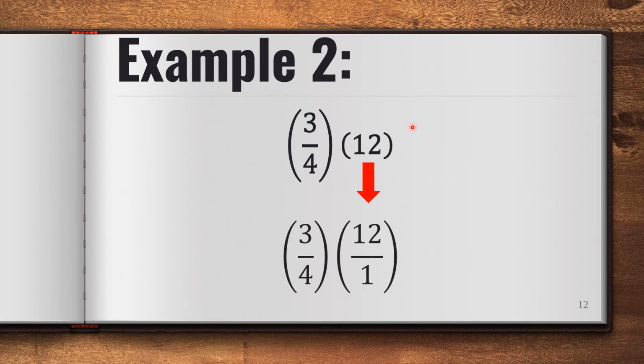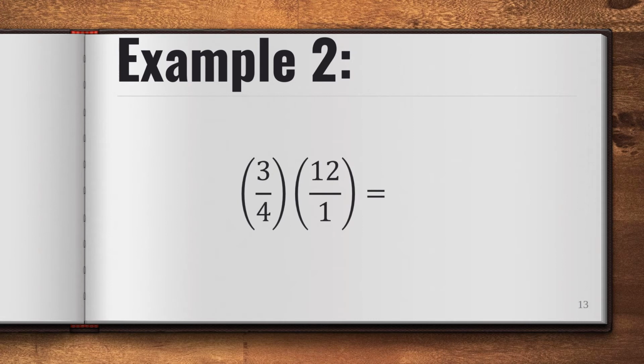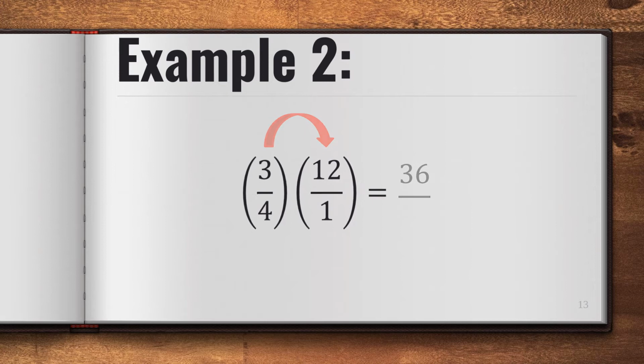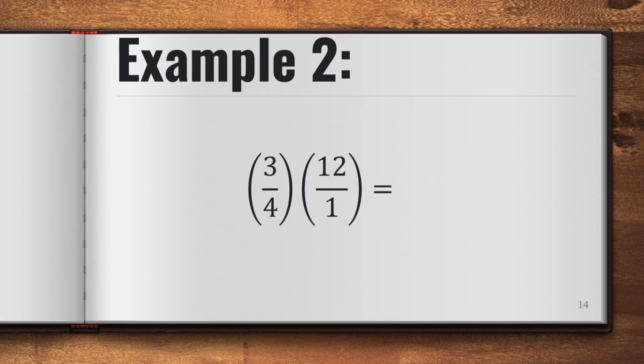We will write it as 12 over 1 so that the numerator and denominator are visible. Then we apply the rule: numerator times numerator and denominator times denominator. So 3 times 12 is 36, and the denominator is 4 times 1. That is 36 over 4.